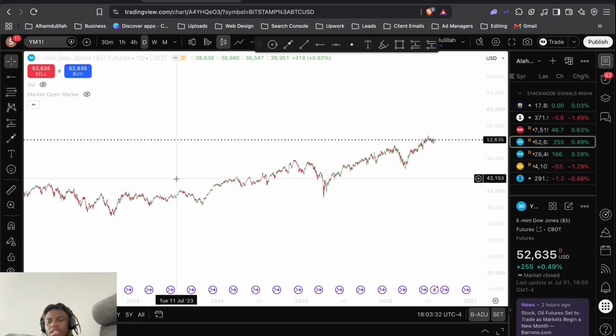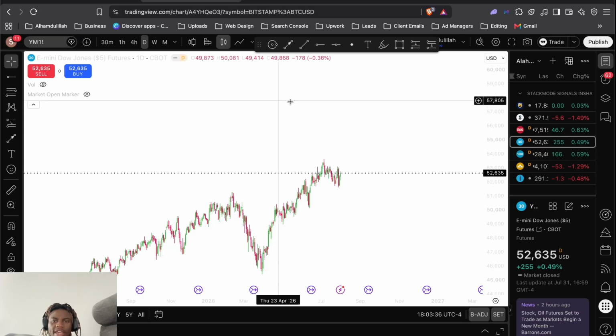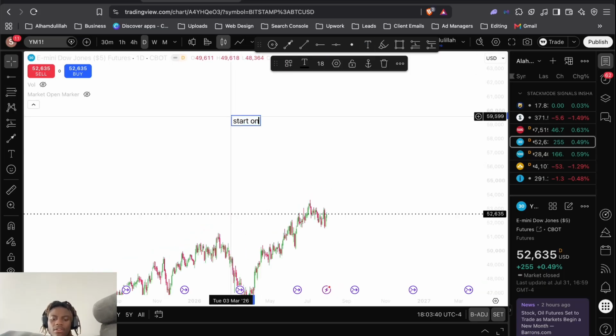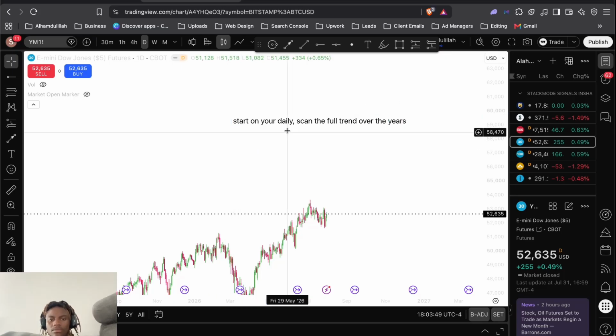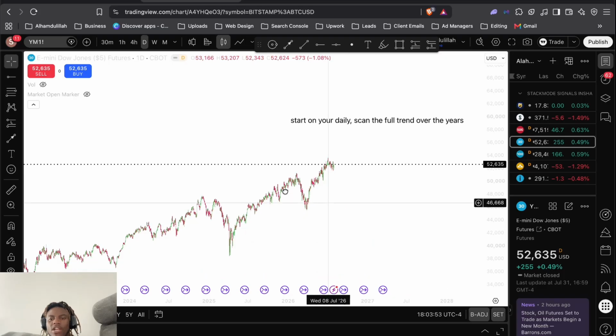Now that we know this, I understand this is a bullish instrument. This is meant to go in an upwards direction. So start on your daily and scan the full trend over the years.